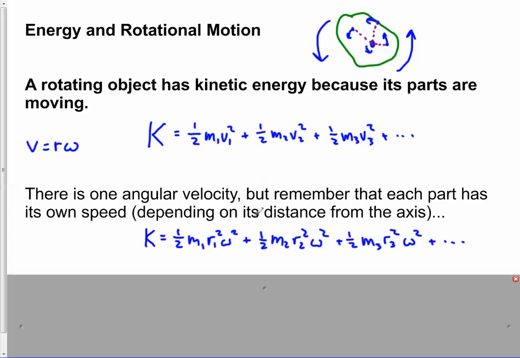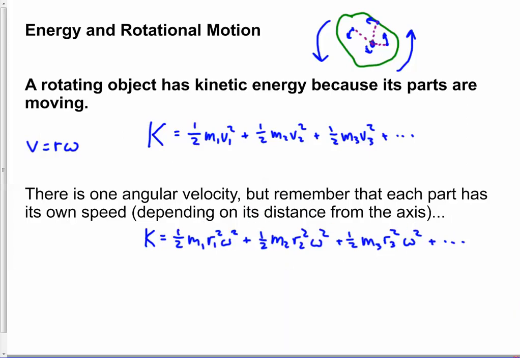Now that looks like I made it worse, but what I can do is, well, they all have 1/2s, and I can factor that out. But now they also all have omega squareds, which, remember, is the same for all parts of the rotating object. They have the same number of radians per second that they're rotating.